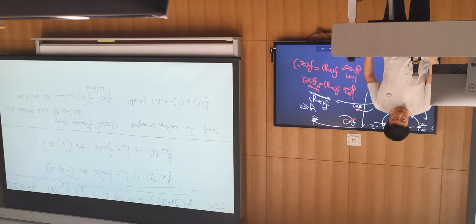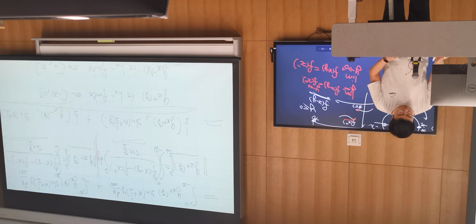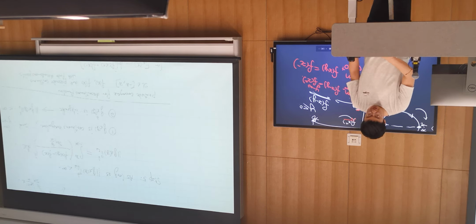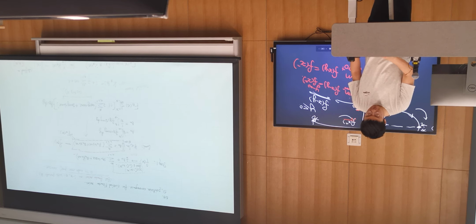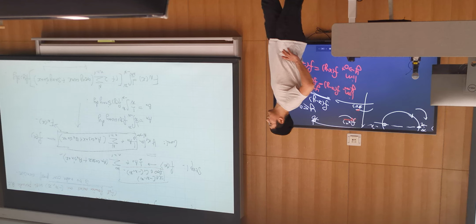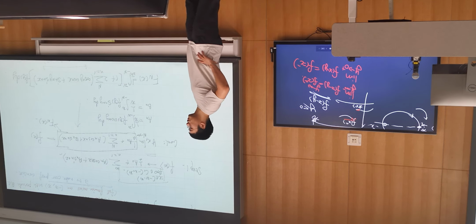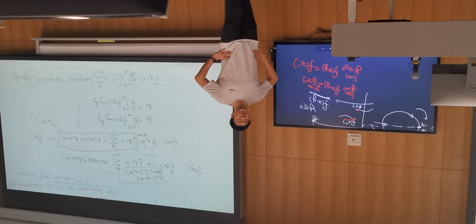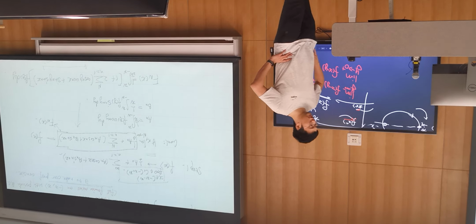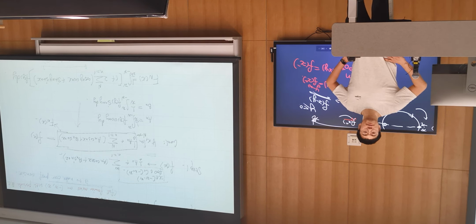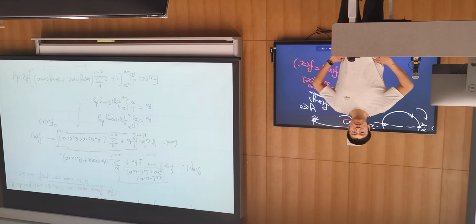If we go all the way back to the very beginning of this class, what was the requirement for the pointwise convergence? f(x) is continuous and has a first order derivative which is also continuous. They're actually identical.